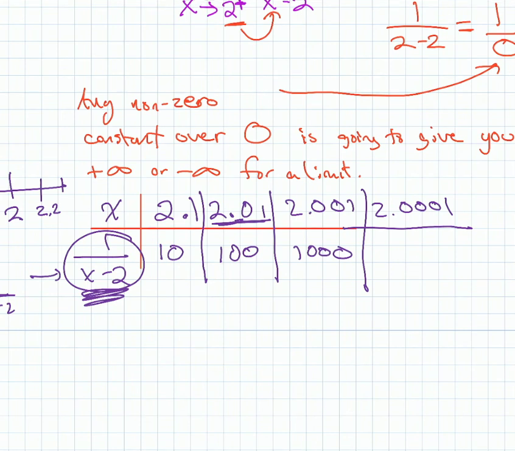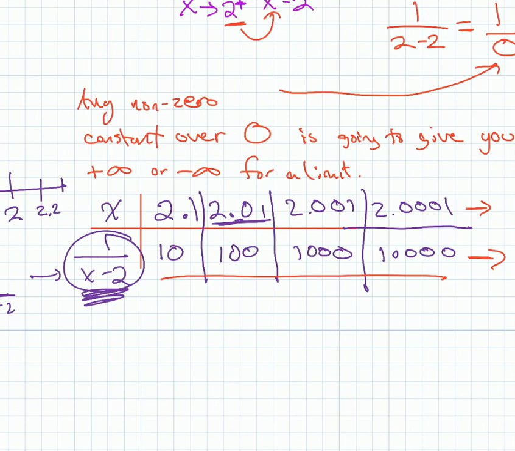You plug 2.0001 in, and you get 10,000. You look at those values and you should be able to guess: if x keeps going to 2, what is this going to be doing? 10, 100, 1,000, 10,000, it's clear that these numbers are just getting bigger and bigger forever. So that should be plus infinity.